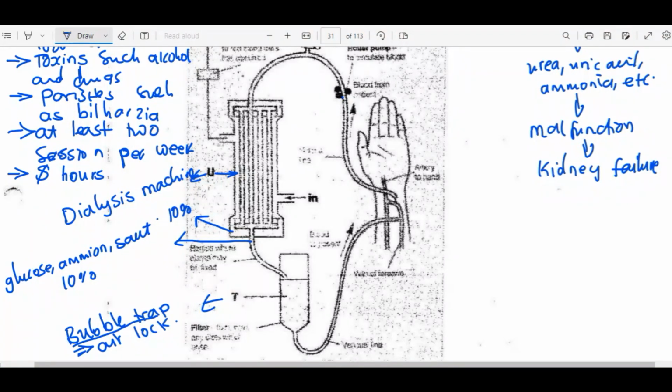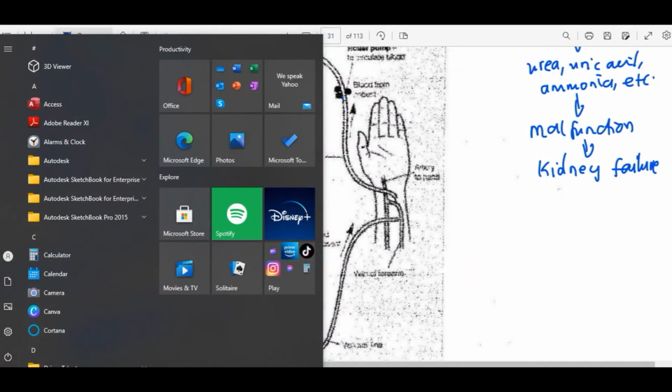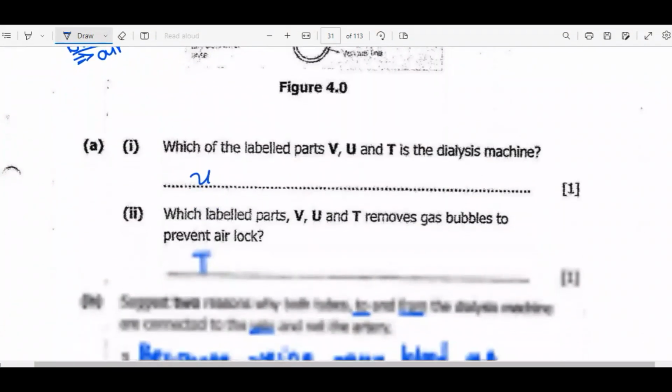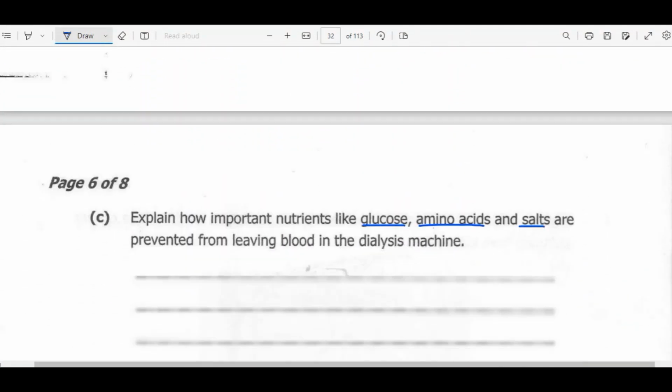Why? Because whenever we have two regions with equal concentration, the process of diffusion will not take place. So that's a key point. To summarize, the concentration in blood of the substances they don't want removed must be equal to the concentration in the dialysis fluid.